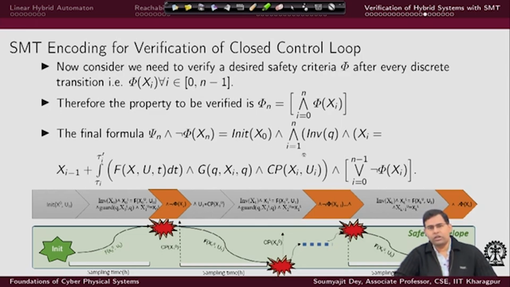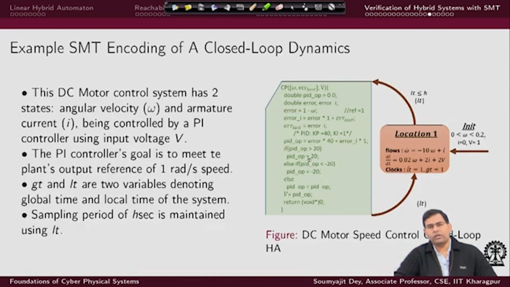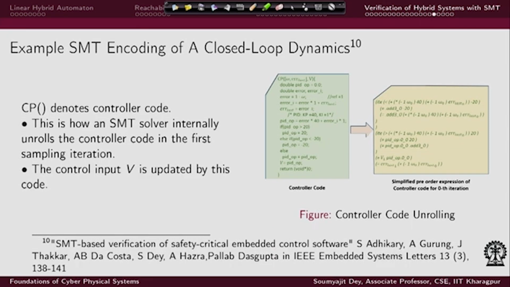We will show how I can create a combination of a simple hybrid automata and a C program, which is the controller, and how we can write a formula which will represent all possible states that the system can visit, the reach set, starting from a set of initial locations. We will do that as an exercise, and then we will also show how that can be applied to an SMT solver in the tutorials, and what the solver is expected to return to you.